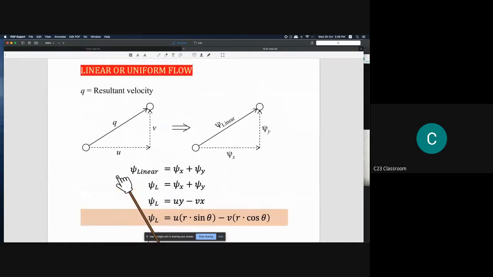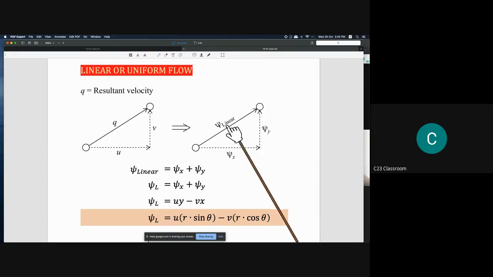Okay. So first, I would like to introduce the linear or uniform flow. If you have one molecule here, moving from this point to this point, the resultant stream function is this one. And if we distribute it into x and y, it will become a stream function for x and a stream function for y.